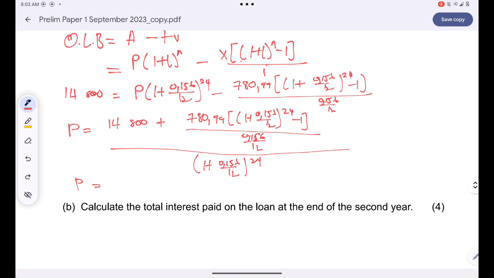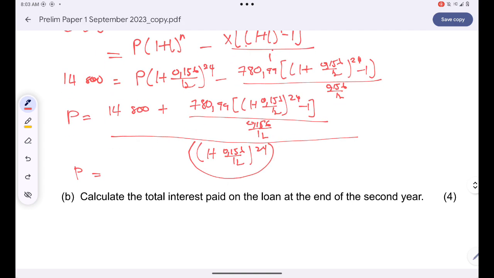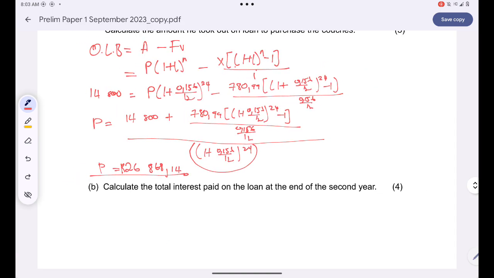And then whatever answer I get, I must just divide it by 1 plus 0.156 divided by 12 to the power 24. So the final answer is 26,868 rands 14 cents. So this is the amount of the loan.